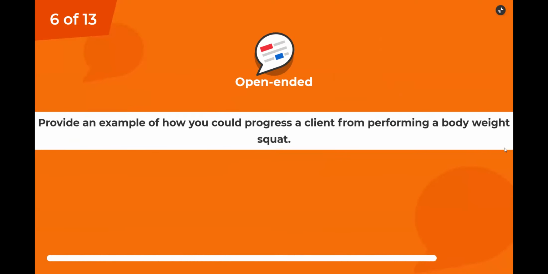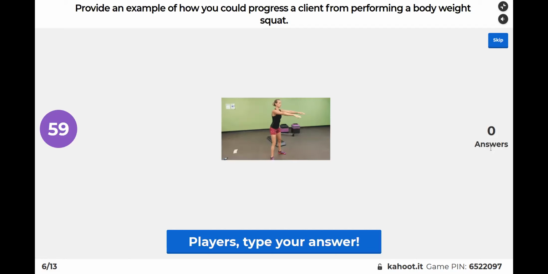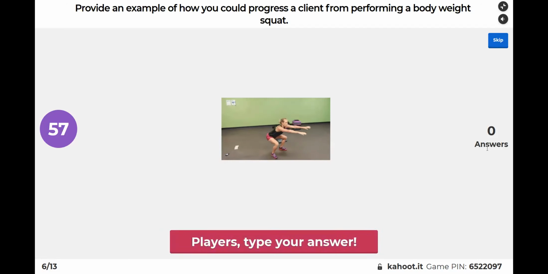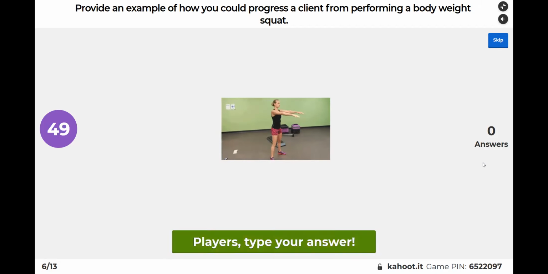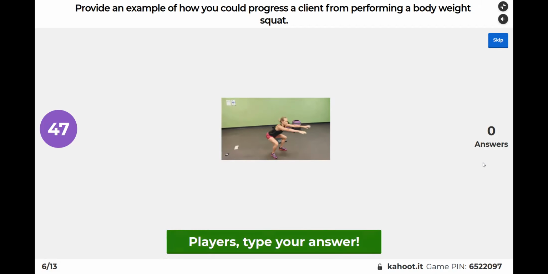Think of an exercise that would be harder than a body weight squat, if you can think of one. There are no wrong answers for this. I don't think you're going to lose points. What is a harder way to do a body weight squat?